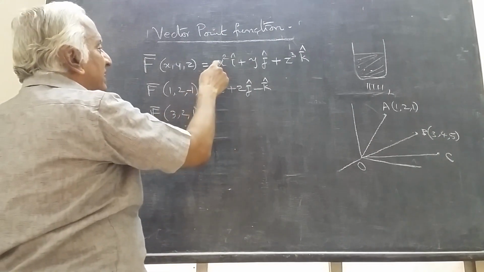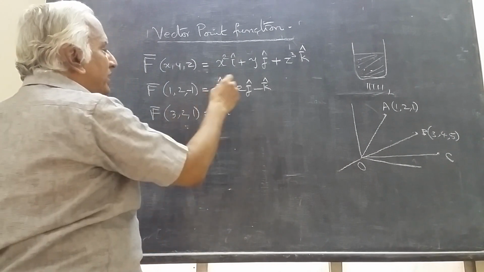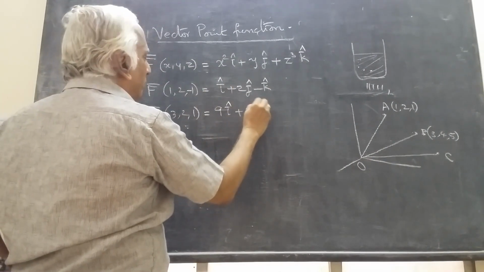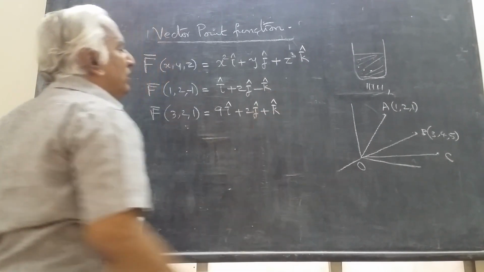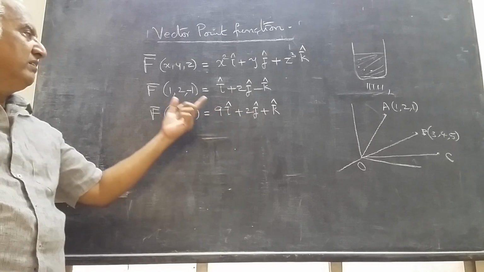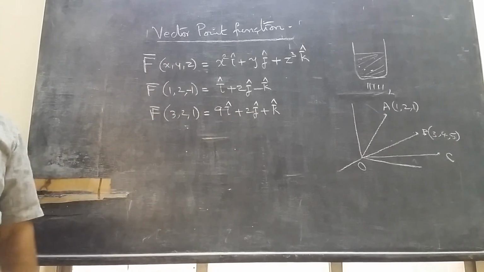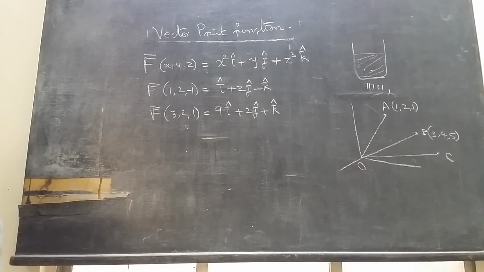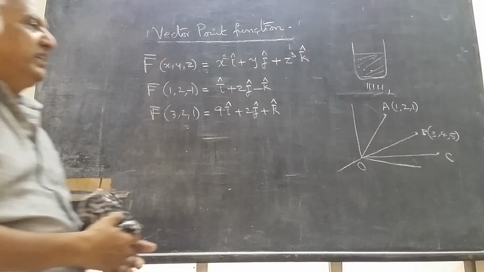For x, putting 3, 3 square is 9i. For y, 2j. For z, 1 cube is 1, 1k. So this point I substitute, I get a vector. For every point, this function gives you a vector. So this is a vector point function.